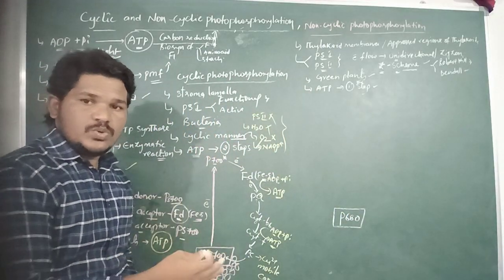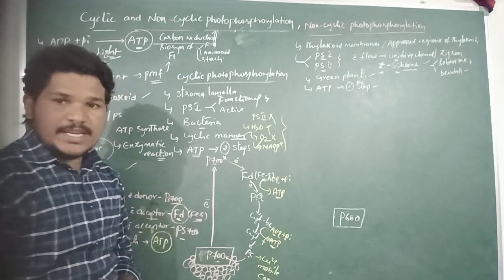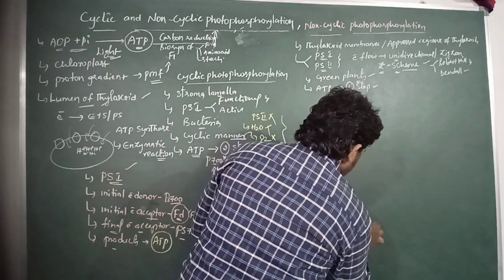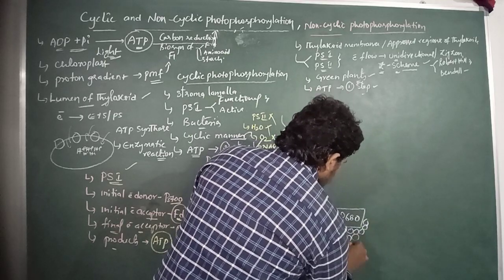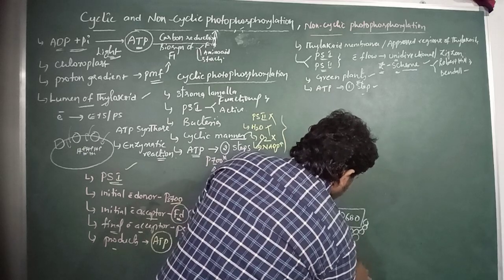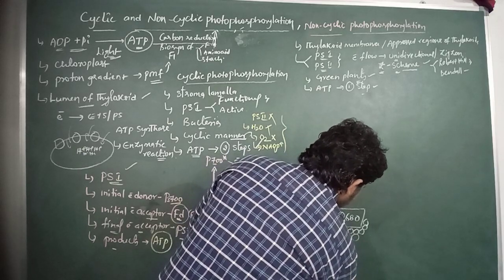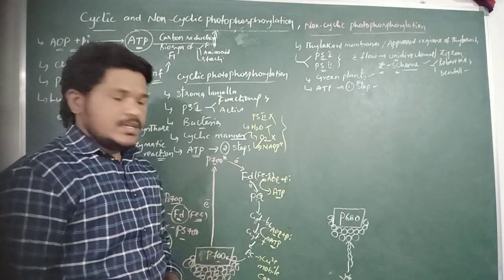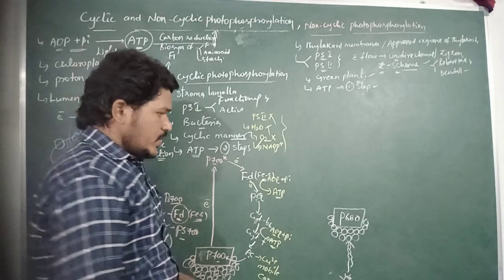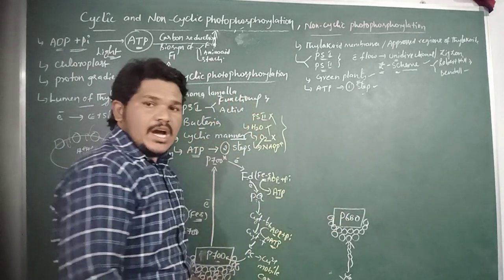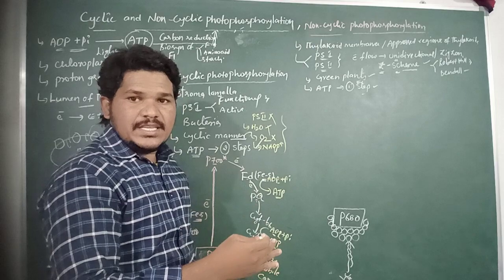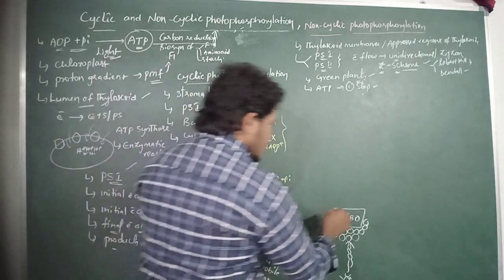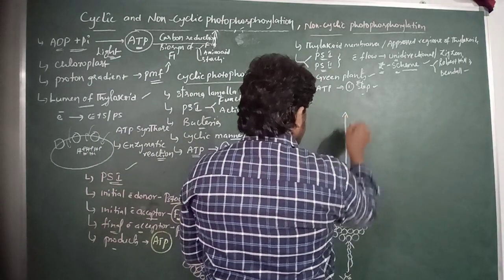In photosystem 2, the reaction center is P680, and around it the chlorophyll pigments are present which can absorb sunlight. P680 absorbs sufficient energy from the sunlight, releases electrons and goes to the excited state.